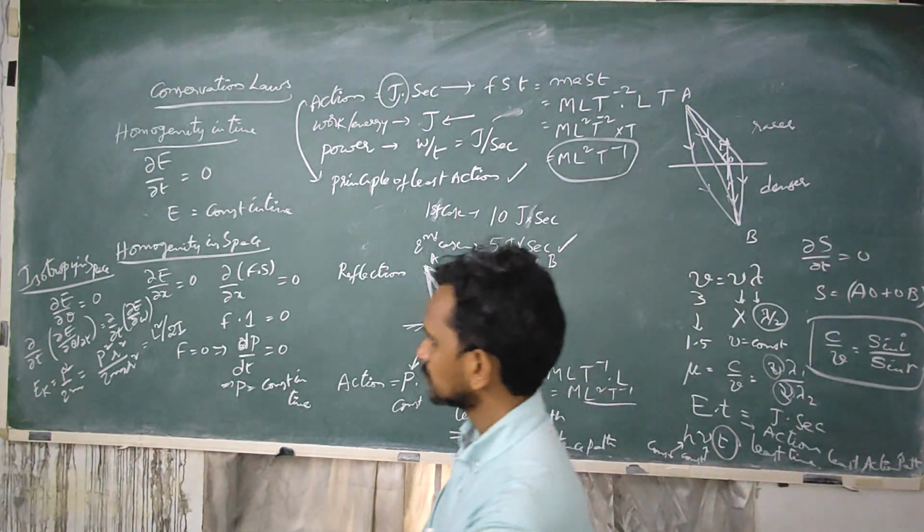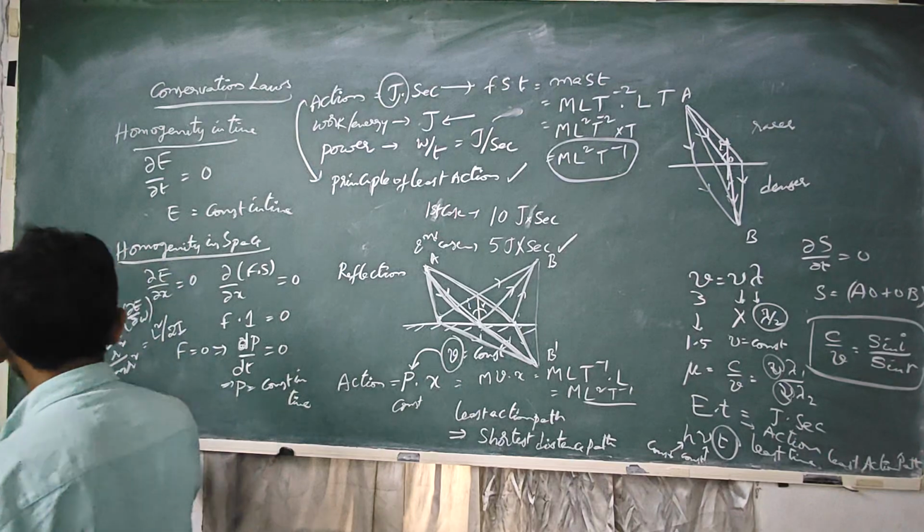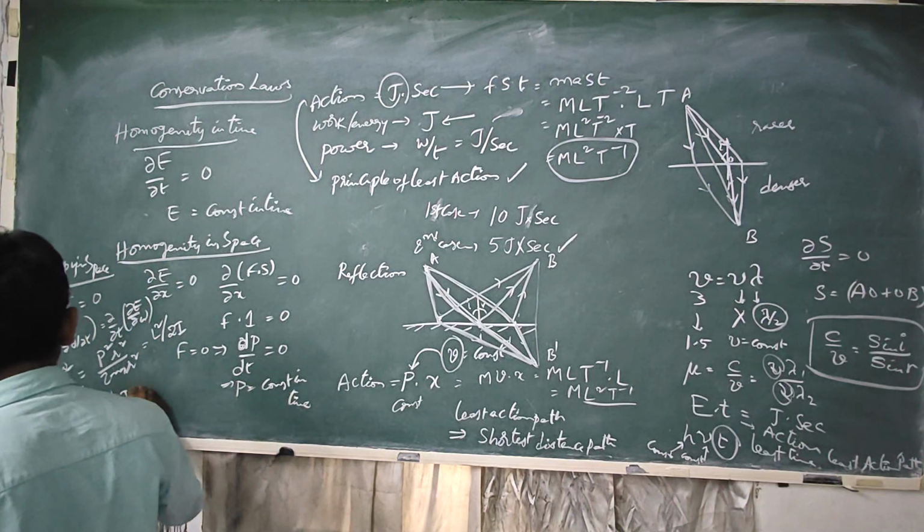Otherwise, I can write it as half I omega square.